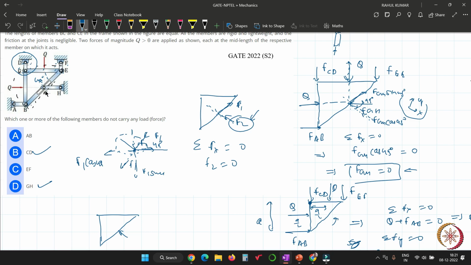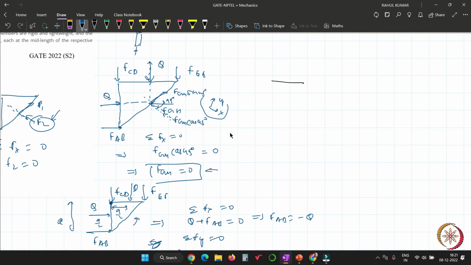Sir, can we say in this manner BG and GH are collinear, so GH will be a zero force member? Yeah, that result you achieve by this thing. That result you always achieve by this thing, because suppose you have FA. Suppose the angle is theta. So here F sine theta.